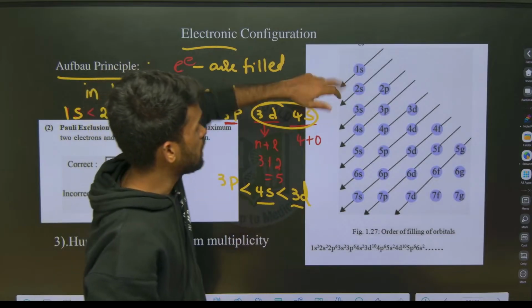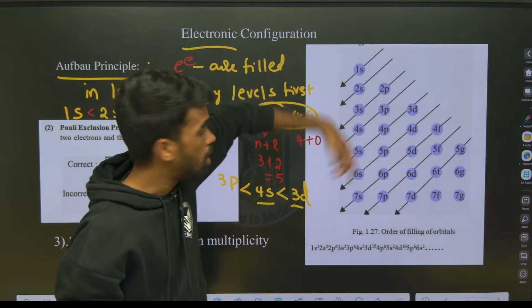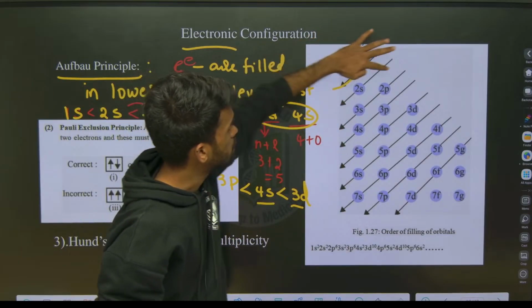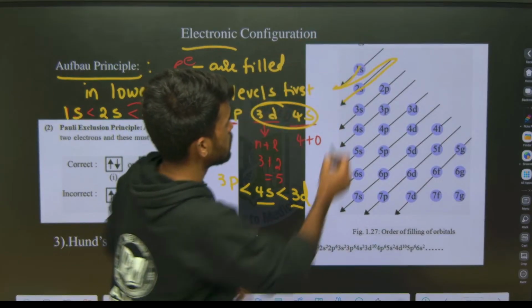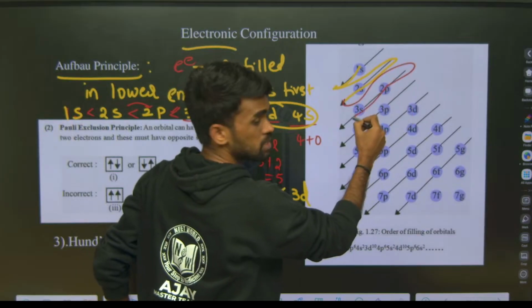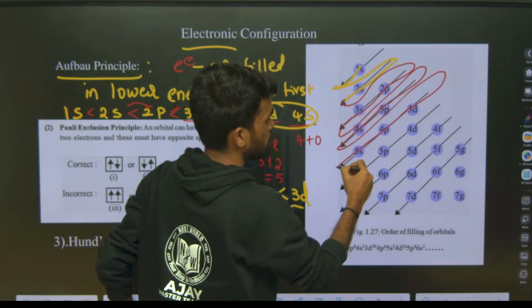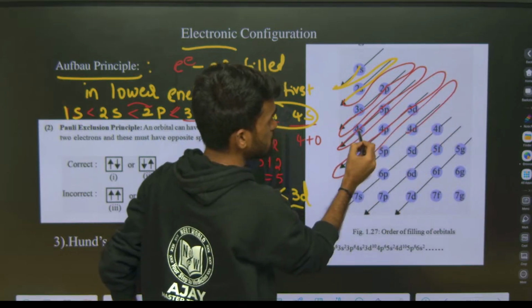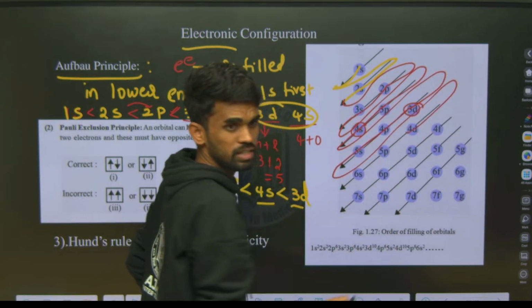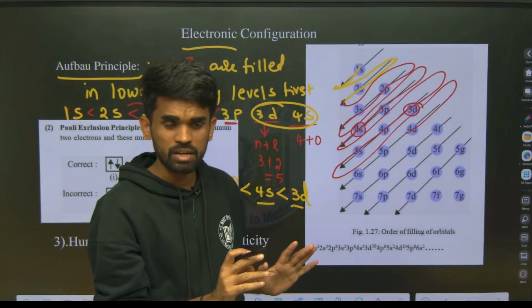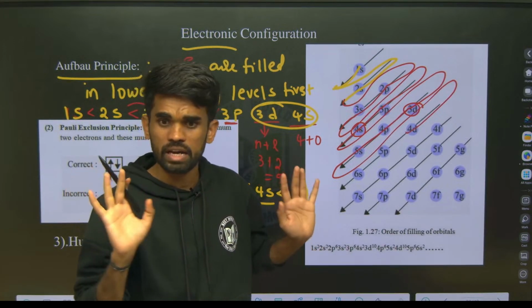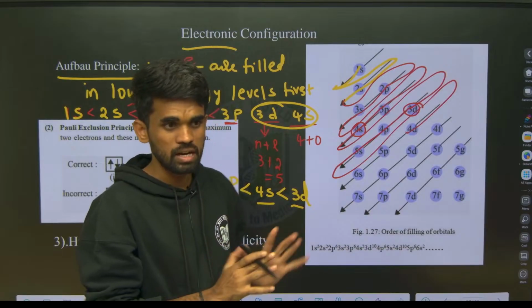Filling follows this order: 1s, 2s, 2p, 3s, 3p, 4s, 3d, 4p, 5s. If you get confused anytime, just compare the n plus l value and the n value, and you will get the answer.